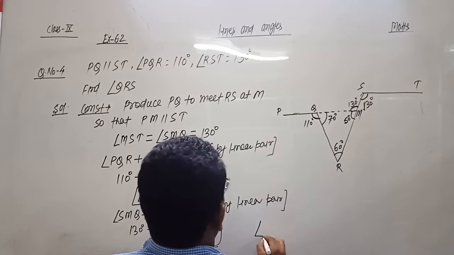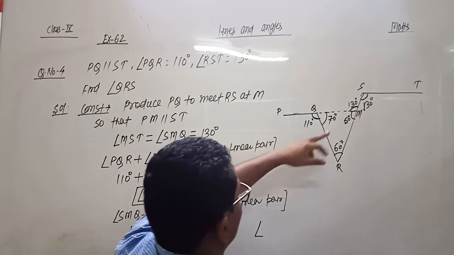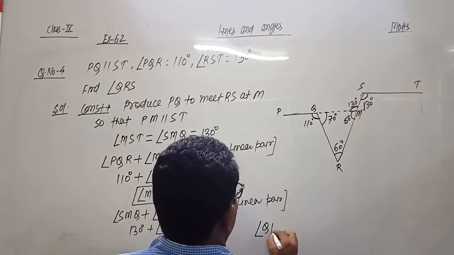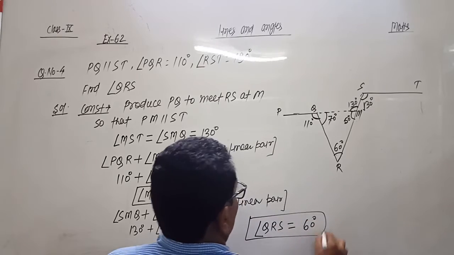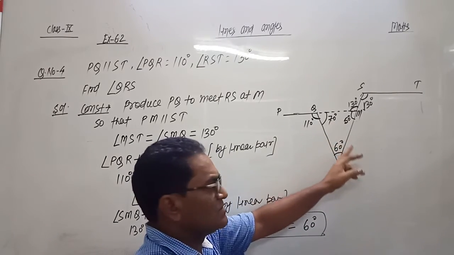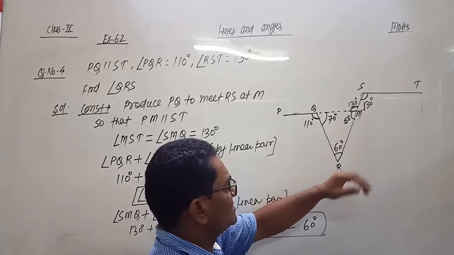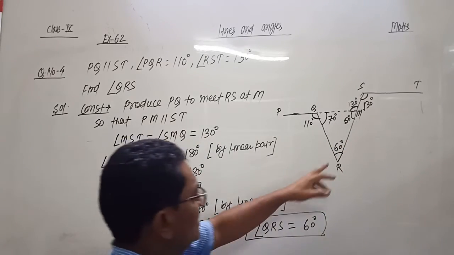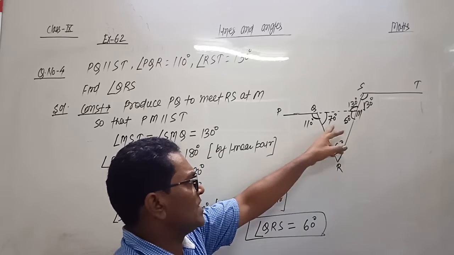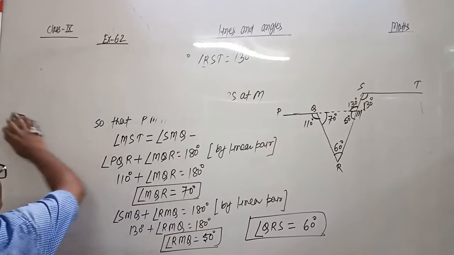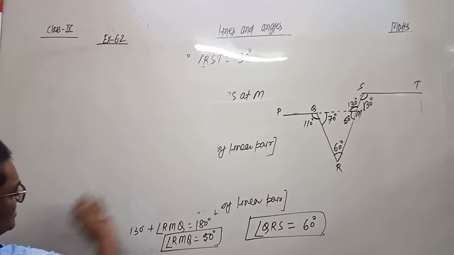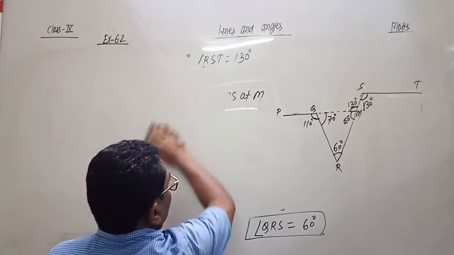So angle QRS equals 60 degree, because 180 minus 120 we get 60 degree.